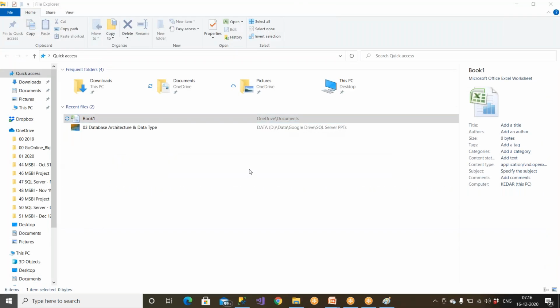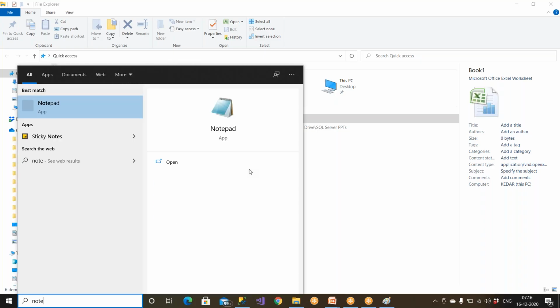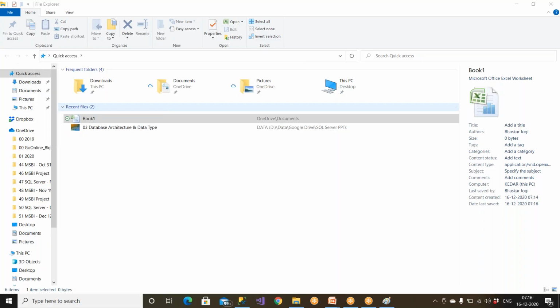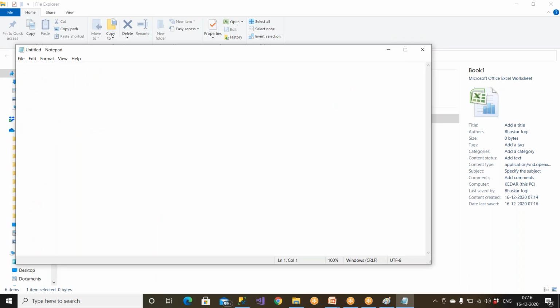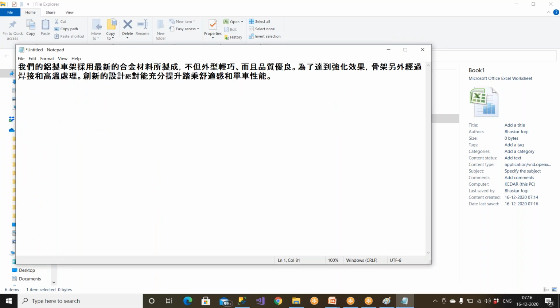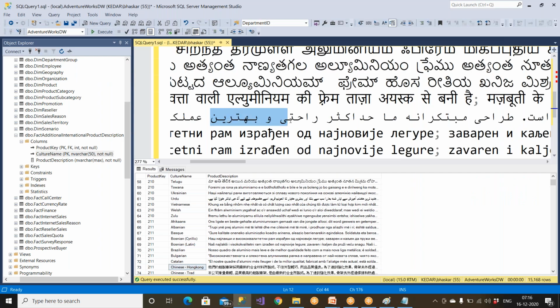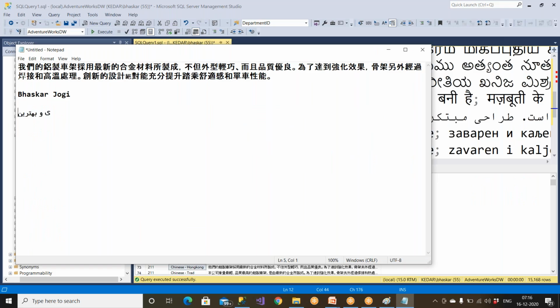But if you take Notepad, okay, Notepad is called a flat file or a text file. Let me store some data here, and let me have some data in English. Let me take this data as well, Control C, and let me say Control V and save this file.